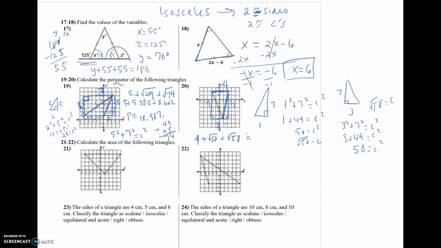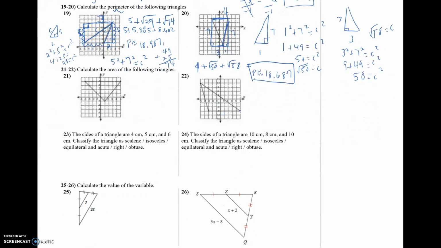I'm going to add the square root of 58 to that, which is about 7.616. That's 14 and some change, and then I'm going to add 4 to that, the third side, the easy side. So the perimeter is approximately 18.687 units.